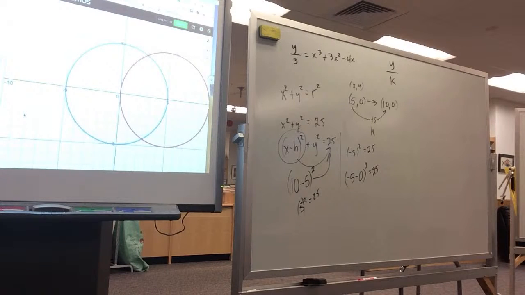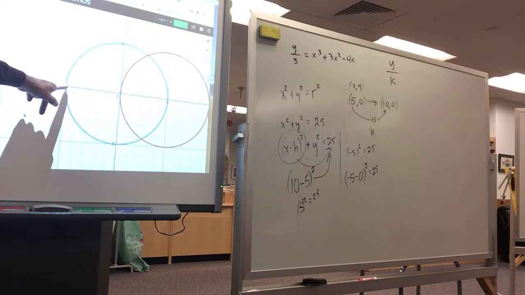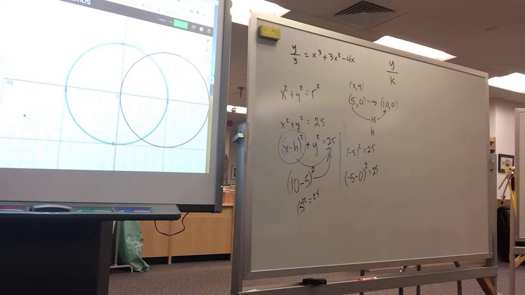So I don't know that you can put, if you put negative 10 in there, you would be moving it to the left 10 places. So the point negative 5 would then move to negative 15.